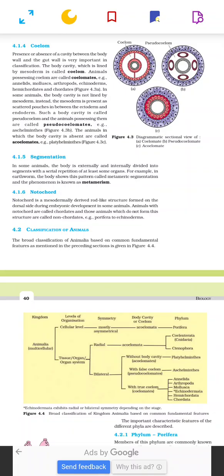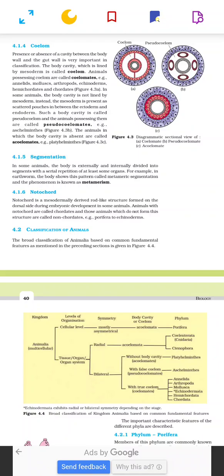Tissue, organ, system level organisms are either radially symmetrical or bilaterally symmetrical, and radially symmetrical organisms are mostly acoelomate and this includes phyla Coelenterata, Cnidaria or Ctenophora. And the bilaterally symmetrical organisms in tissue, organ or organ system level of organization include three types of body cavity: they can have a body cavity or they cannot.